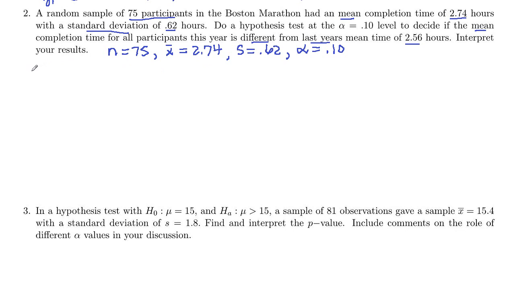So step 1 here, we need our null and alternative hypotheses. So H0, HA. So we're trying to decide here if the mean completion time is different. That's a two-tailed test. So that's going to be mean not equal to, and we're testing against last year's value of 2.56 hours.